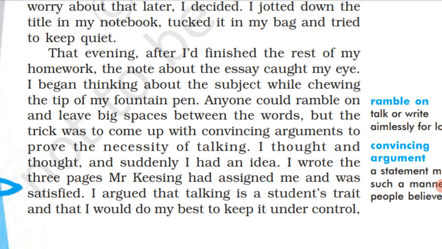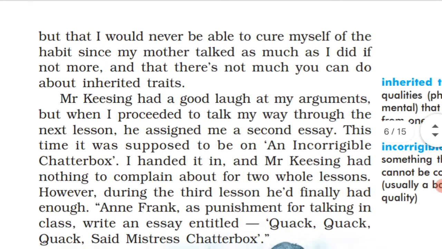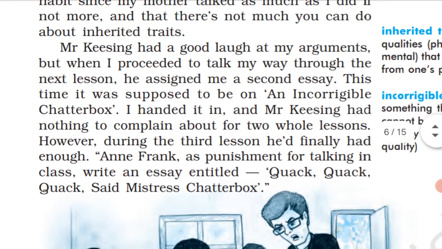I wrote the 3 pages Mr. Keesing had assigned me and was satisfied. I argued that talking is a student's trait and that I would do my best to keep it under control, but that I would never be able to cure myself of the habit, since my mother talked as much as I did, if not more, and there is not much you can do about inherited traits.